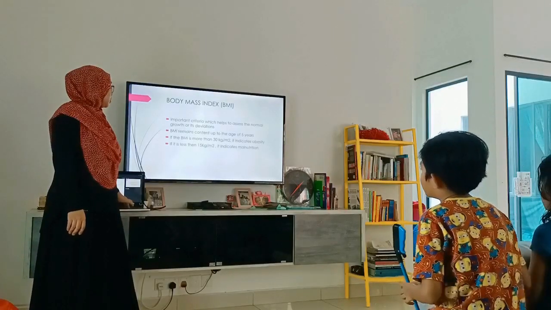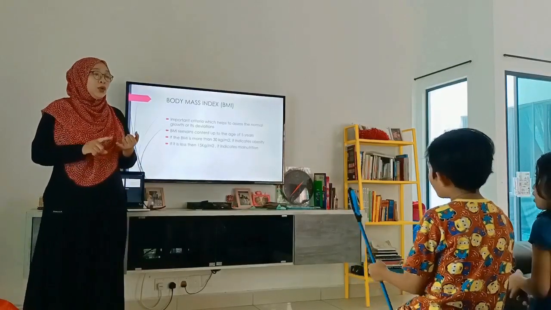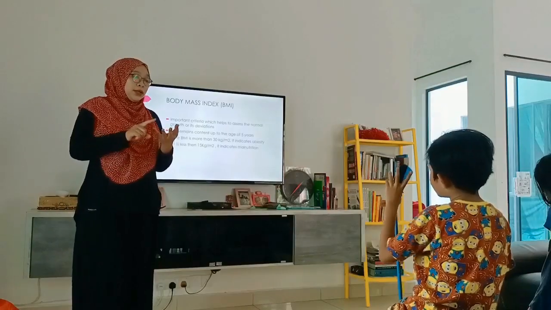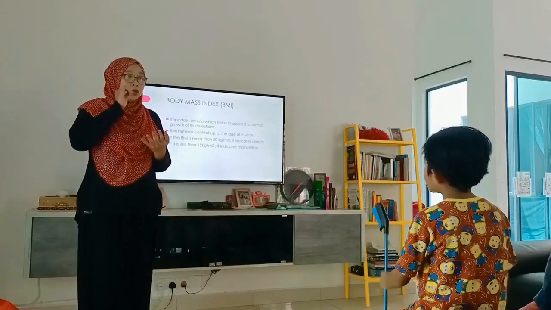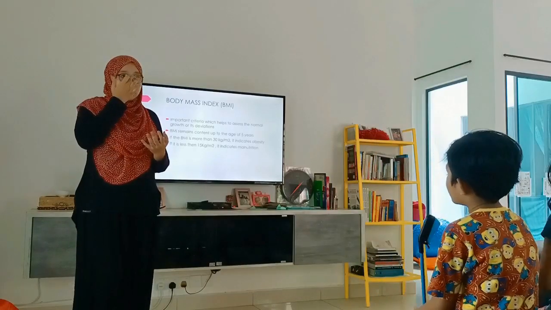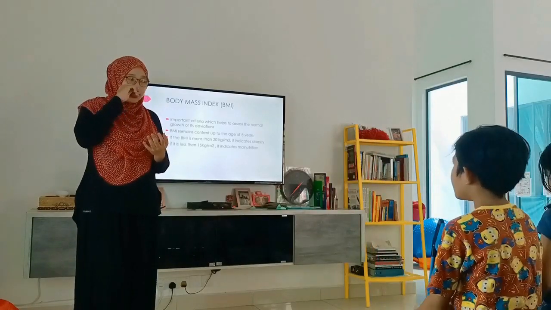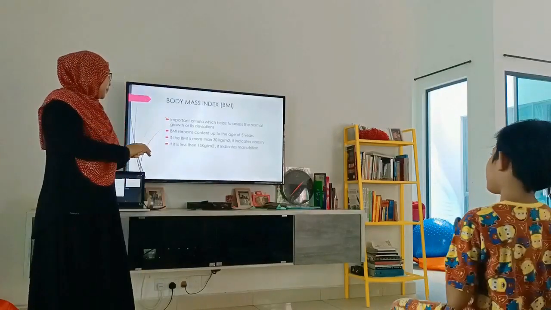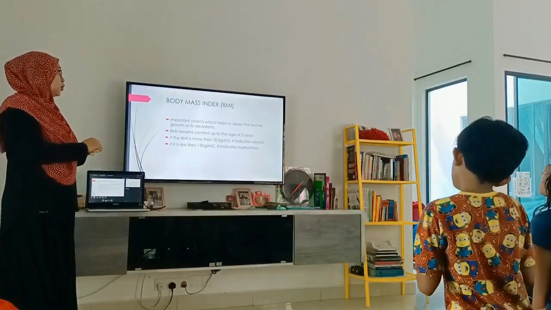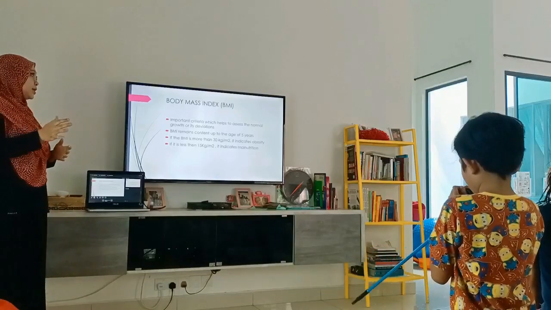Okay. After we measure the body weight and body length and also body height, we need to measure also the BMI. The BMI for children, we still measure it until they are 5 years old. Okay. BMI is to assess the normal growth or its deviation.